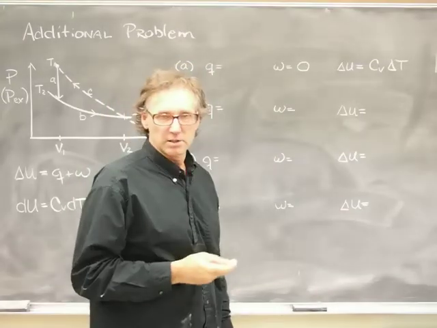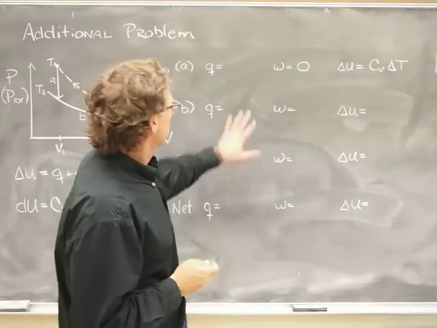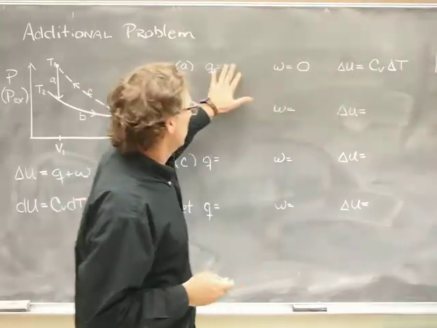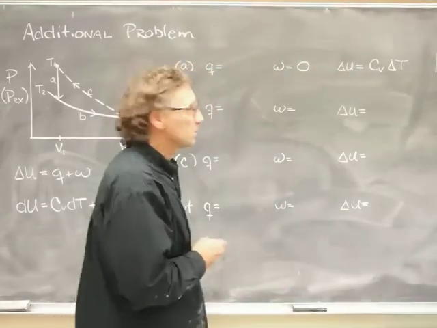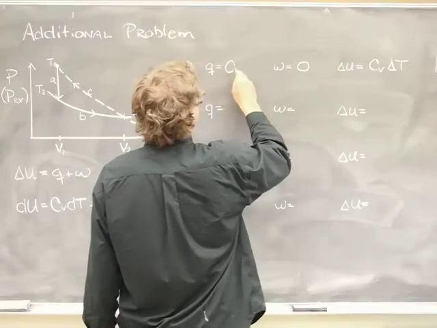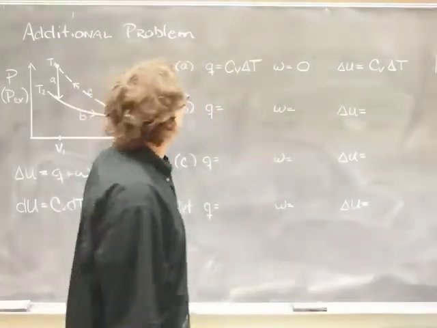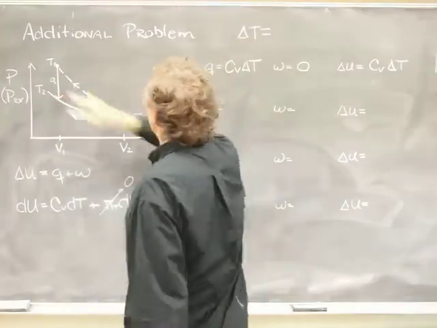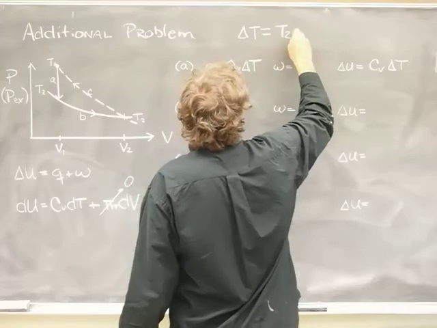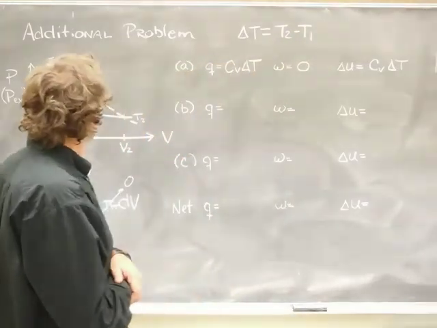It doesn't depend on the temperature. If delta U is CV delta T and the work is 0, then the first law tells me that Q is also CV delta T. Now I'm using a convention here that delta T equals T2 minus T1. Okay, so that's step A.